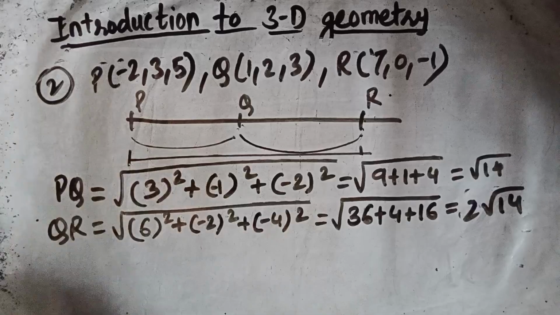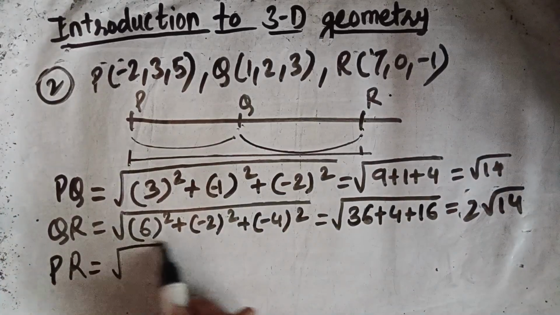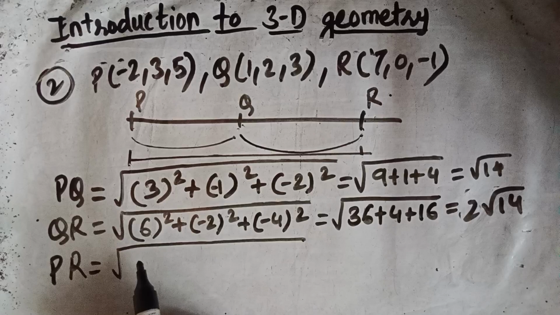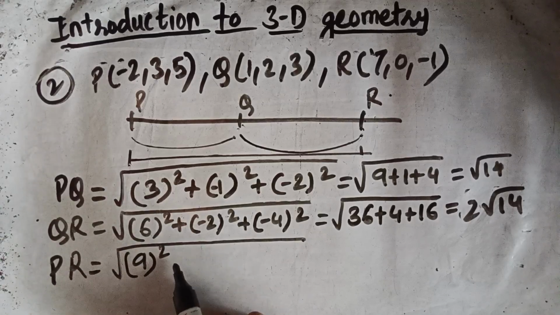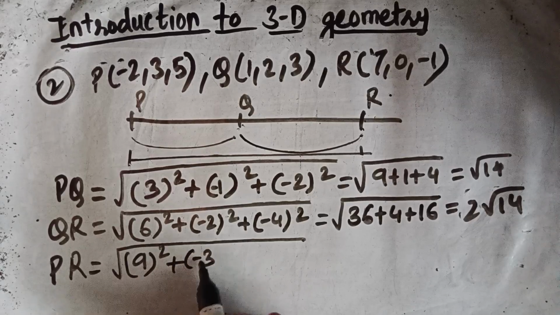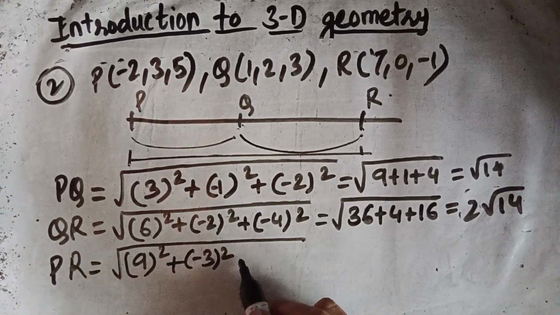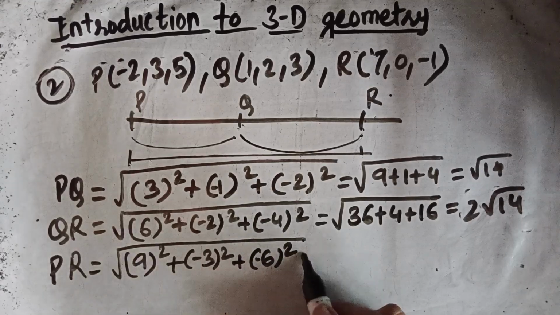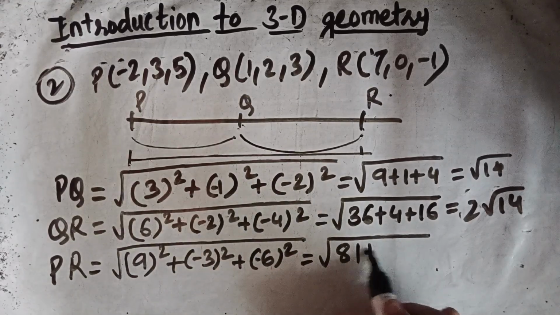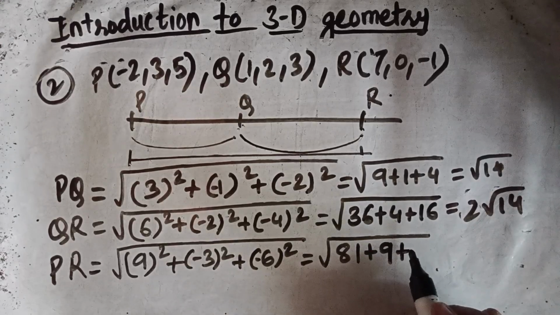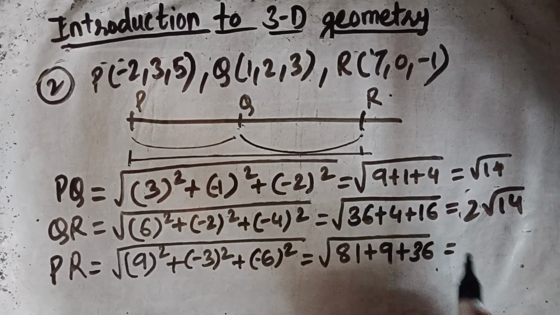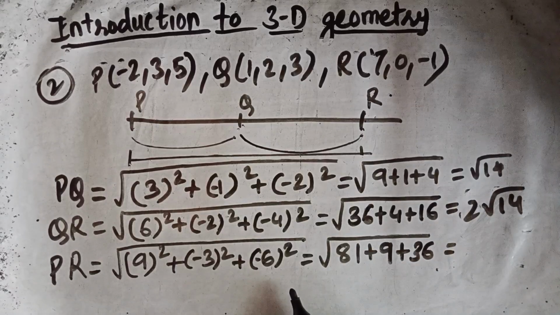Last, you have to find the PR distance. Eighty-one plus 126.